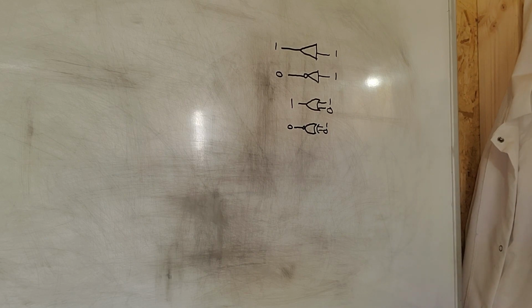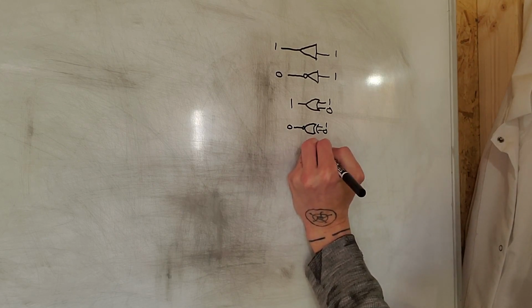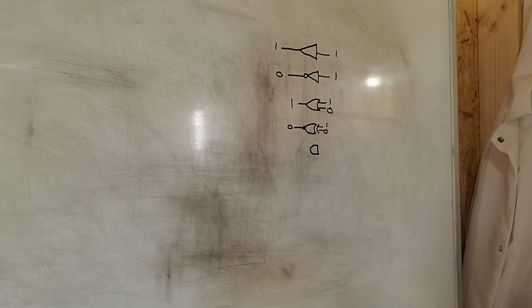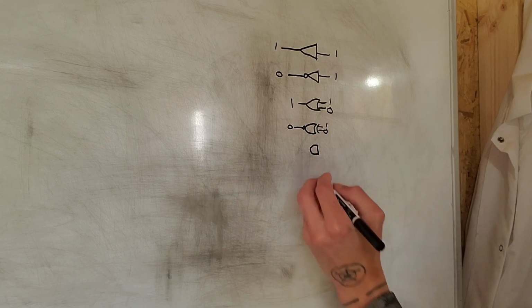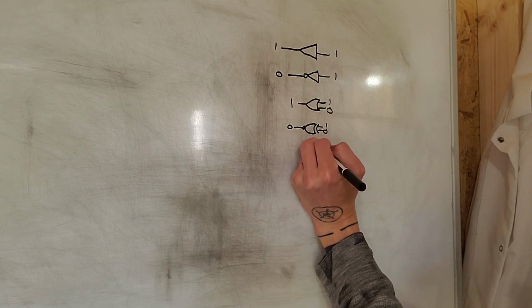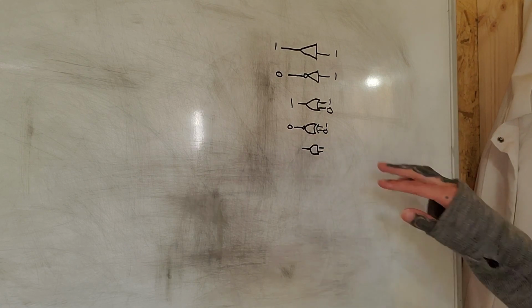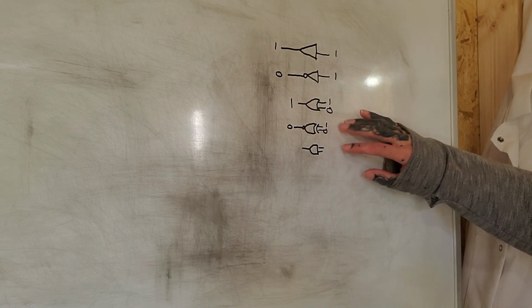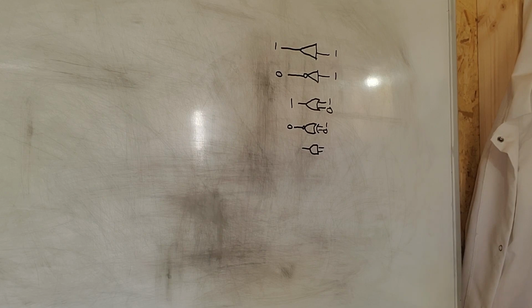Now next we have AND gates, represented by the D shape. And I have to say that these 2 input gates can also accept more than 2 inputs. They can accept 3 or more, and the conditions are still the same in terms of how the function applies.